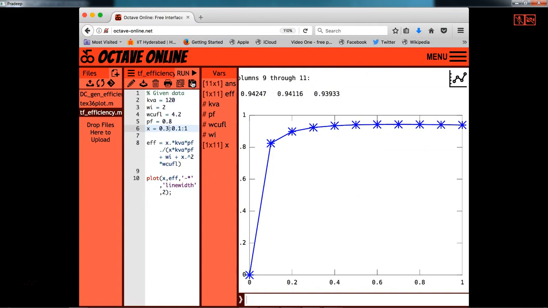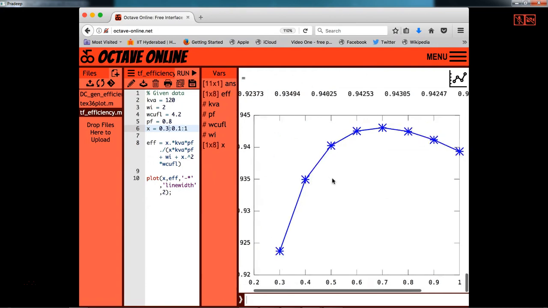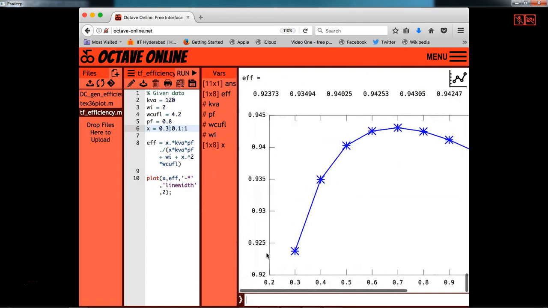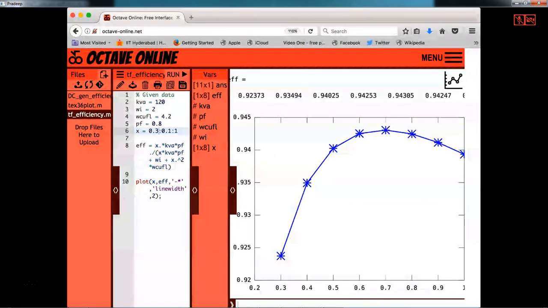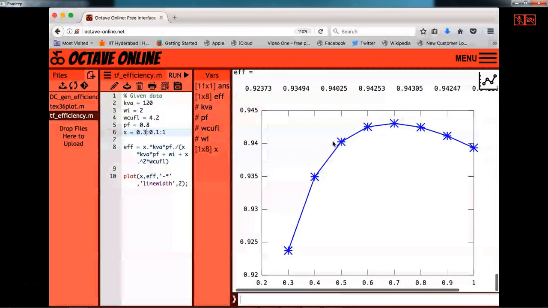Now if I run, you can see clearly at 30% efficiency is below 92.5%, and then at 40% efficiency is 93.5. I hope you are able to see this clearly. At 50% load, efficiency is 94%, increasing. At 60% it is slightly higher.